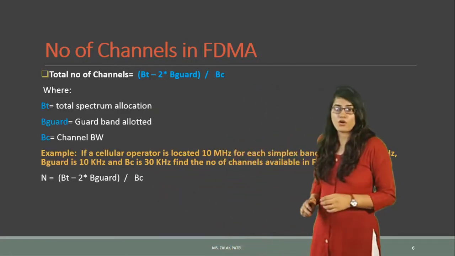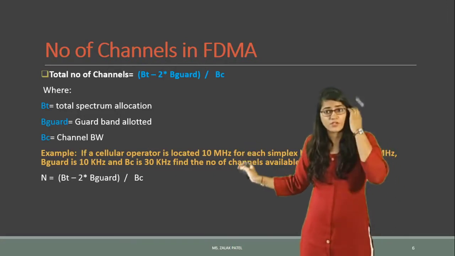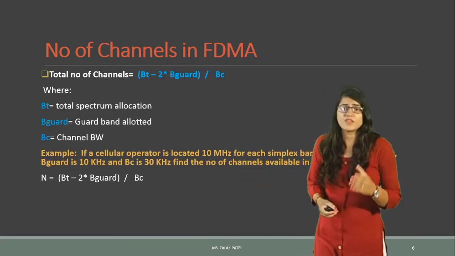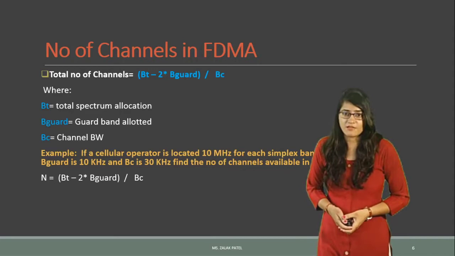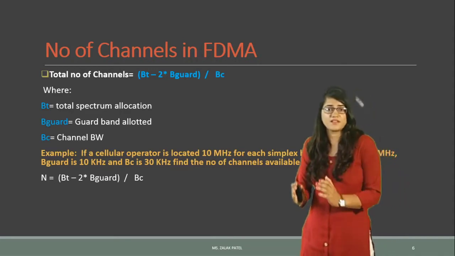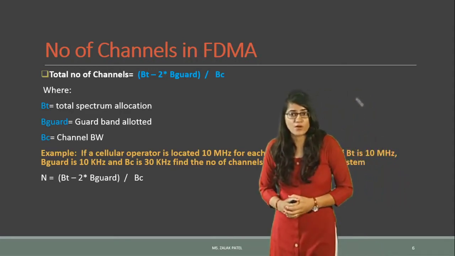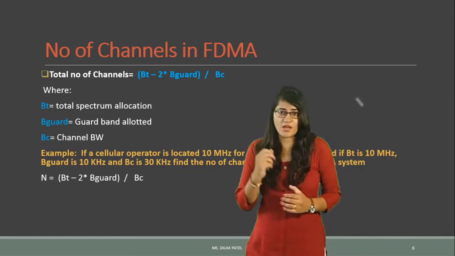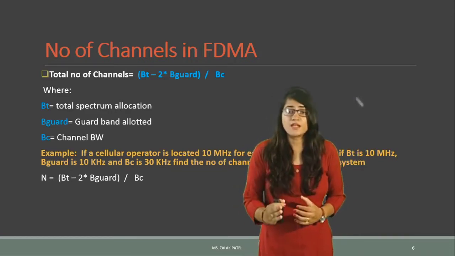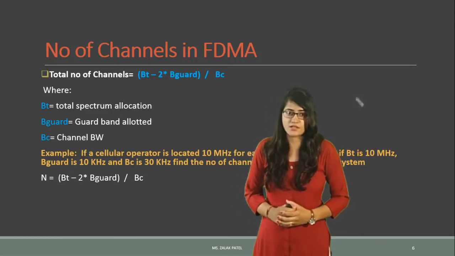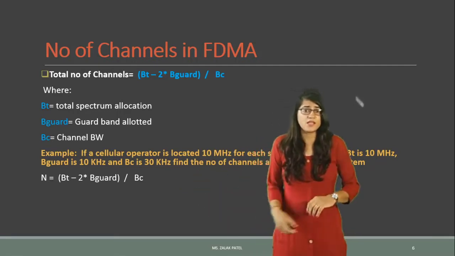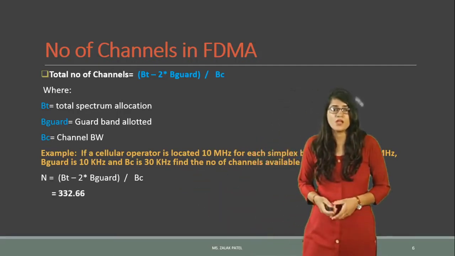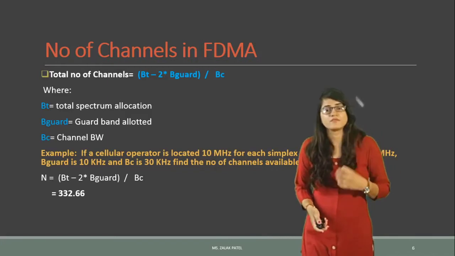Now according to this problem statement, let's put the values in it. The total bandwidth is 10 MHz, which means 10 into 10 raised to 6. Guard band is 10 kHz, which means 10 into 10 raised to 3, and channel bandwidth is 30 kHz, which means 30 into 10 raised to 3. So let's put all of these in the equation, Bt minus 2 times guard band divided by Bc.